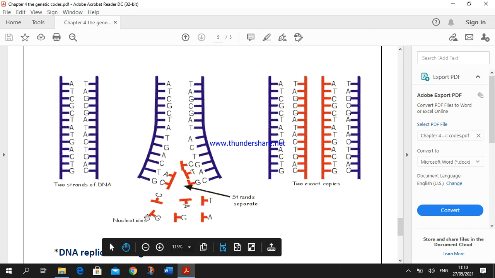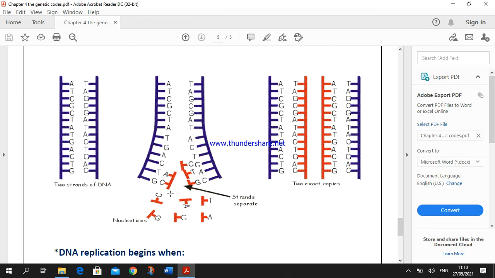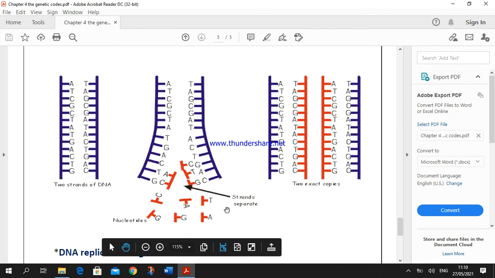These nitrogen bases in the nucleus direct to the two strands to pair with the bases on each strand: adenine goes to thymine, cytosine goes to guanine, and so on.